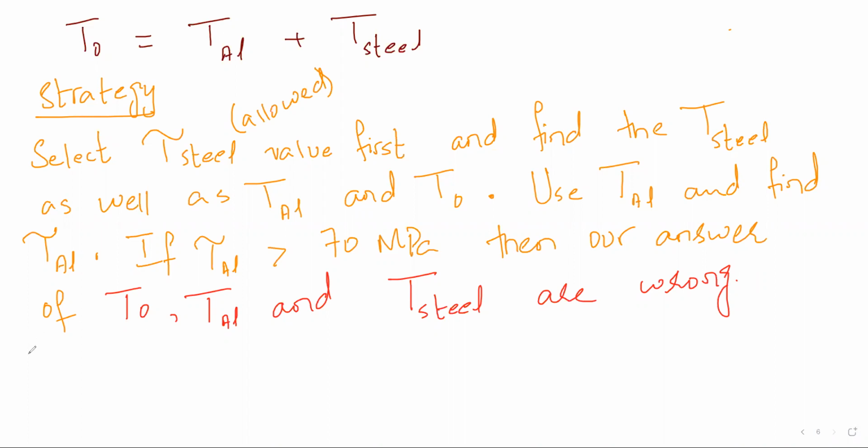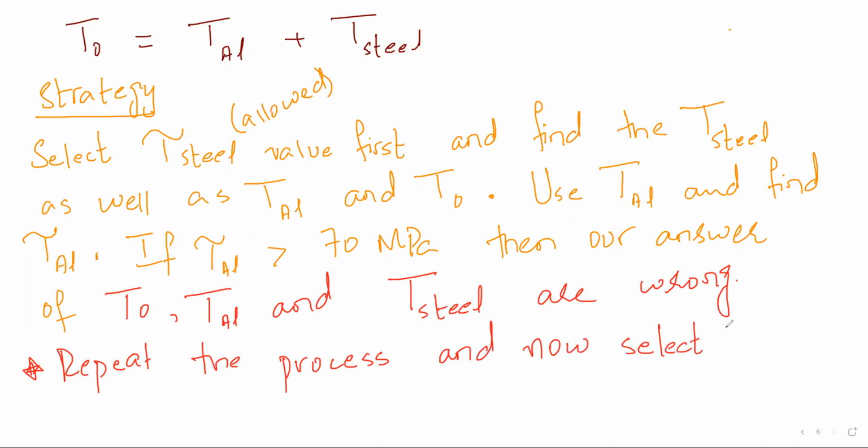Repeat the process. And now select the shear stress aluminum allowable, and find T aluminium.